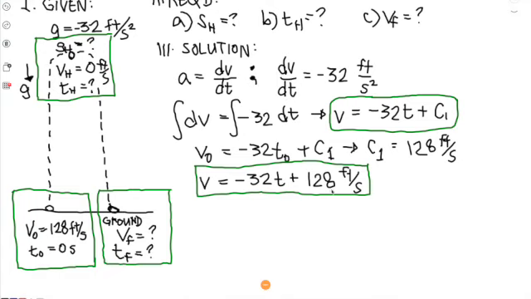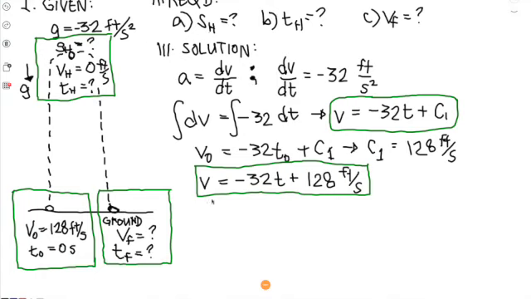Right now, no, I believe. For B, we are looking for the time. So can we solve for the time now? I guess we can. Okay, let's do that for later. Let's find the highest point first.